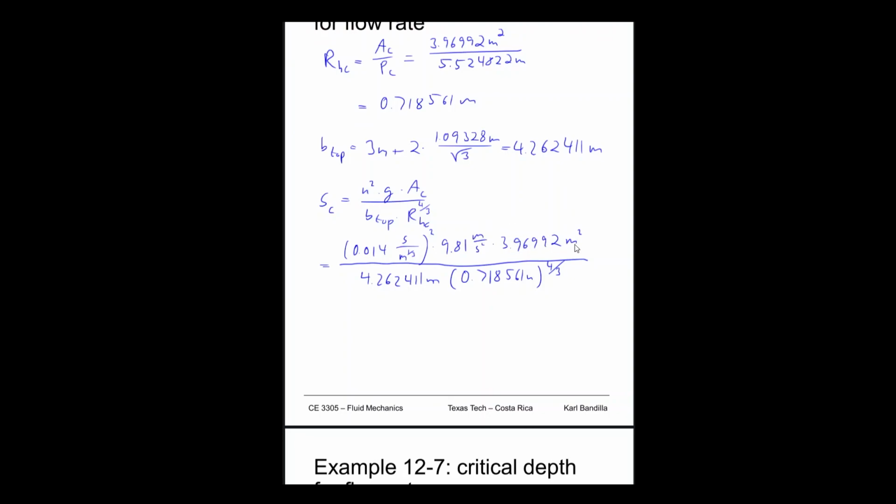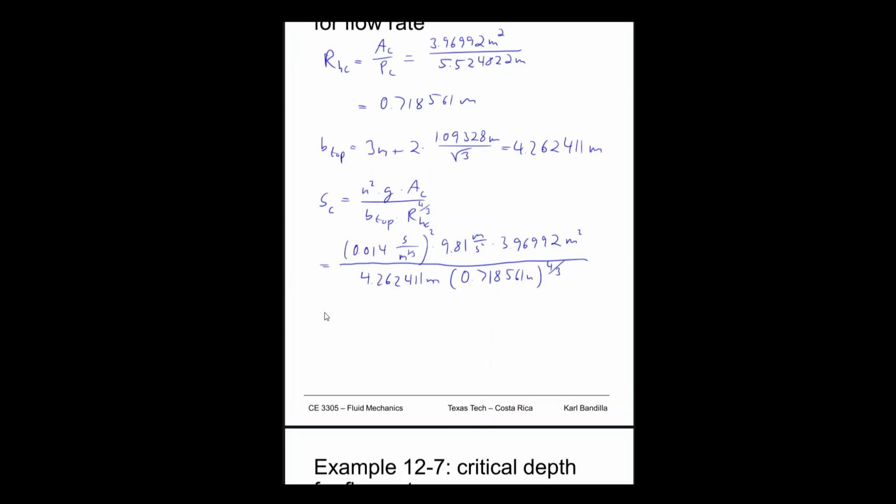At the bottom, we'd have meters to the 1st, meters to the 4/3, and here we have 2/3, so that'd be 6/3, that'd be 3. So overall, our meters cancel out, so it's all good.